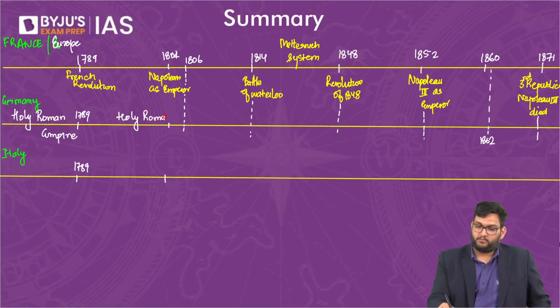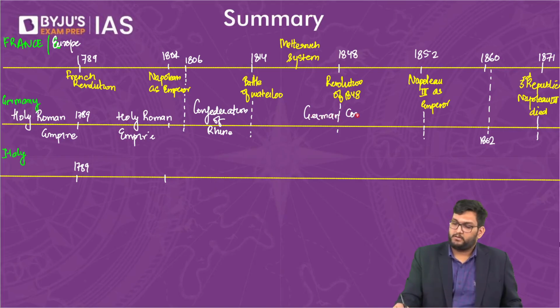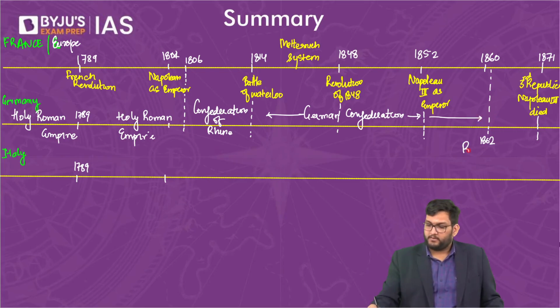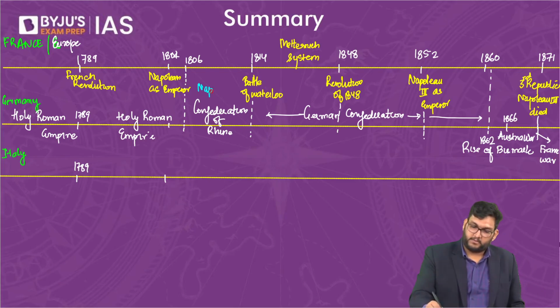This is the Confederation of the Rhine, and this is the period of German Confederation. Thereafter, the rise of Bismarck, 1866, Austria War, and this is France War. This is the period of Napoleonic occupation.